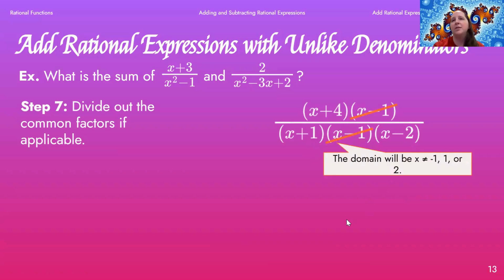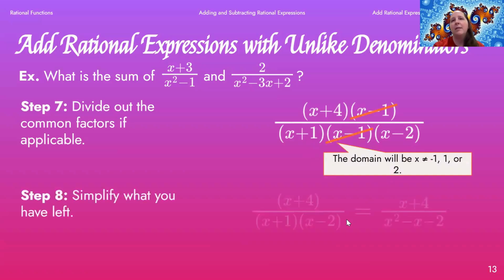But then I can cross out that x minus 1, and I'm left with x plus 4 over x plus 1 times x minus 2. Again, you can leave it in this factored form. That's perfectly acceptable and fine. Or you can FOIL through and multiply through and get x squared minus x minus 2 for your denominator.